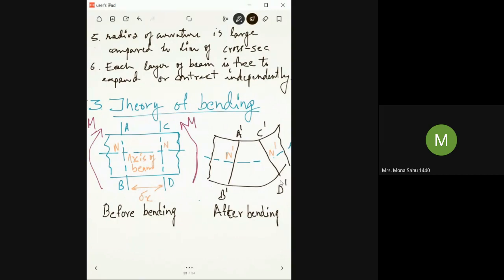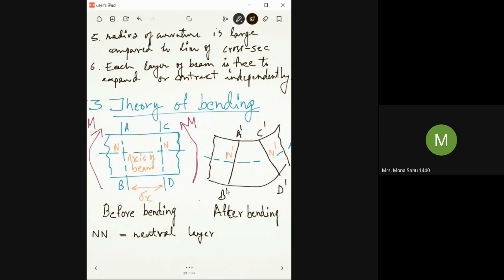When a beam bends, there's a layer on the top and there's a layer at the bottom. The middle layer is known as the neutral layer. So you can write NN is known as the neutral layer. The neutral layer is also bending. There are some layers above the neutral layer and some layers below it.